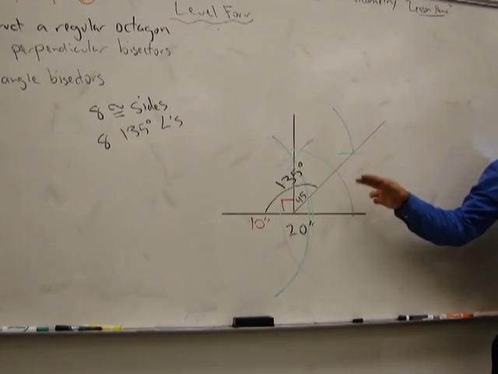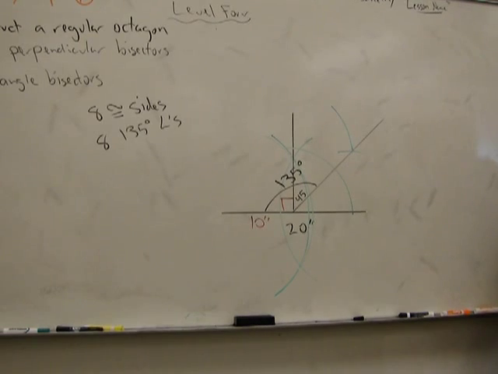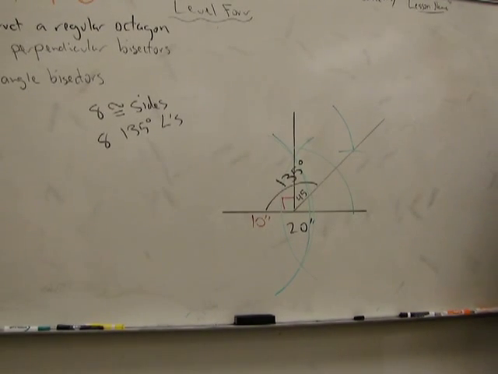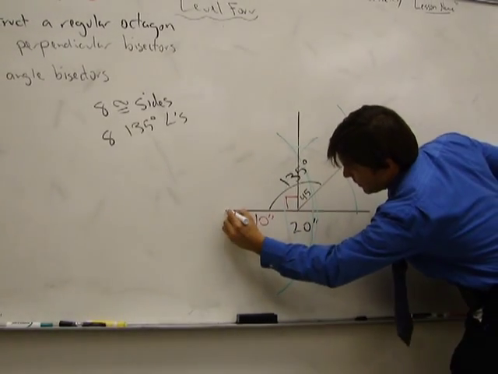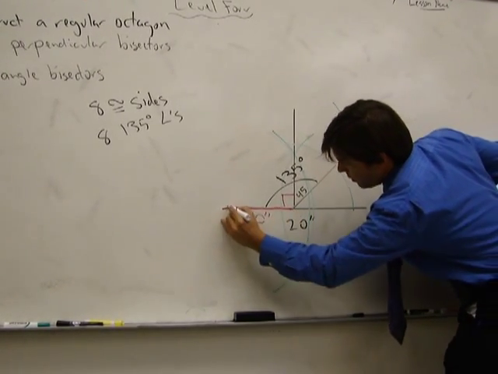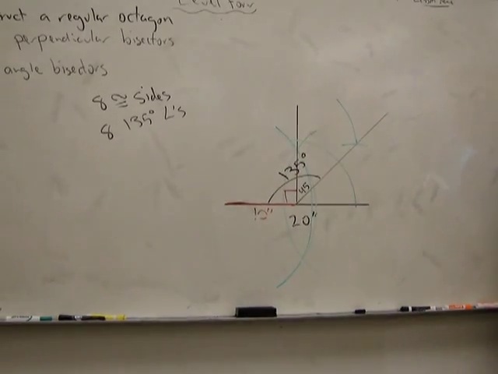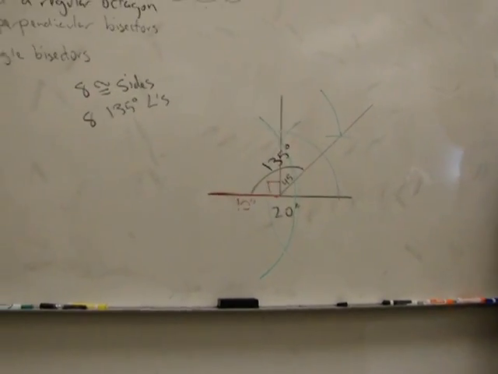Does everybody kind of see that? It's 90 plus 45. Any questions on that one? Okay, so I'm going to shade this part red because it's my first side of my octagon. So that way it stands out.